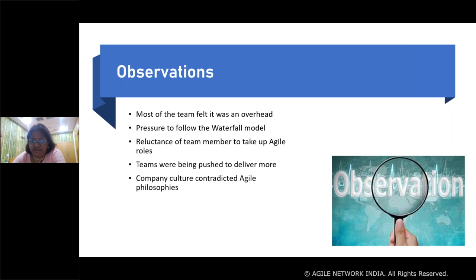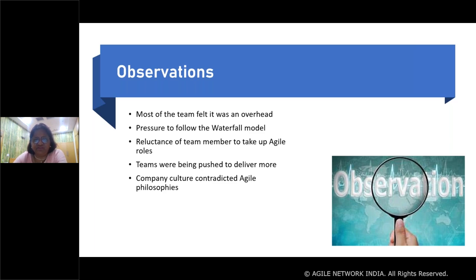Then they did a sprint to do the design. And then when it came to development, they did another sprint, which is totally against the principles of agile.